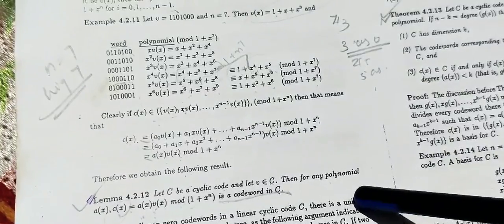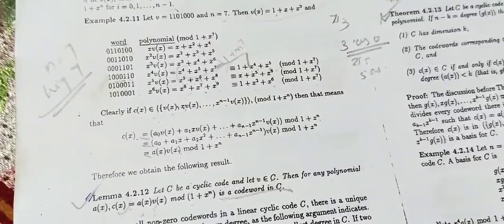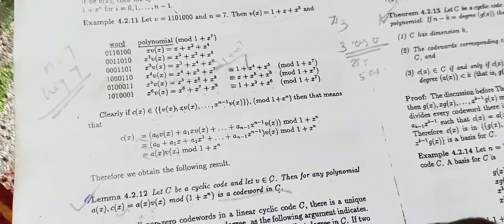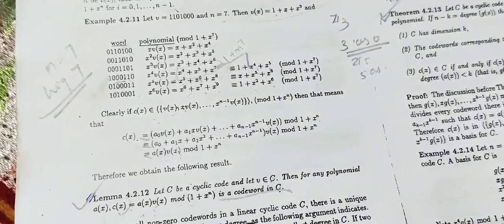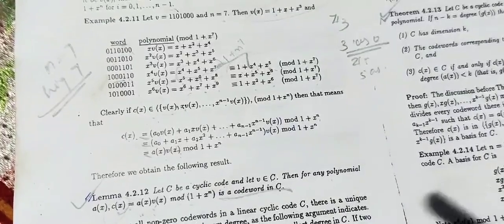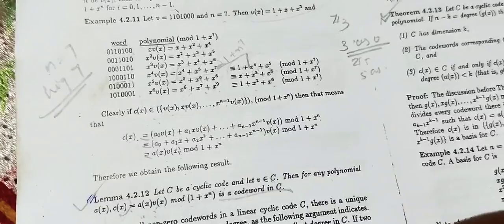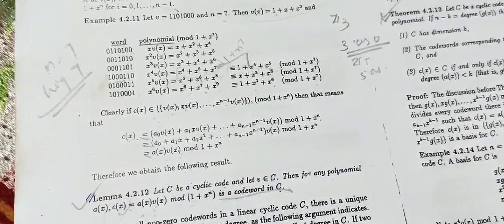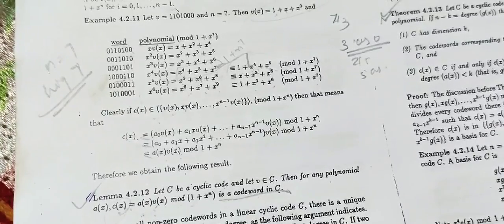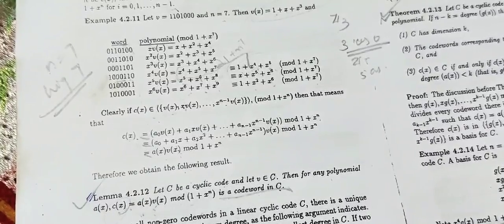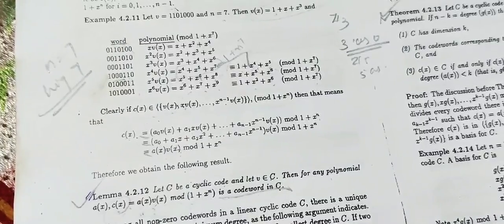Here, corresponding to this, g(x) has minimum degree. There is a unique g in C such that g(x) has minimum degree. This is the uniqueness proof. Suppose g(x) and g'(x) are two minimum degree polynomials. Then g(x) plus g'(x) is equal to some c(x), which is also a linear code word, and the degree of c(x) is less than k.